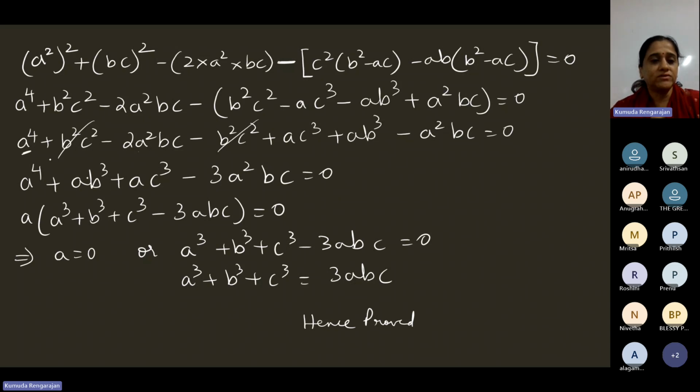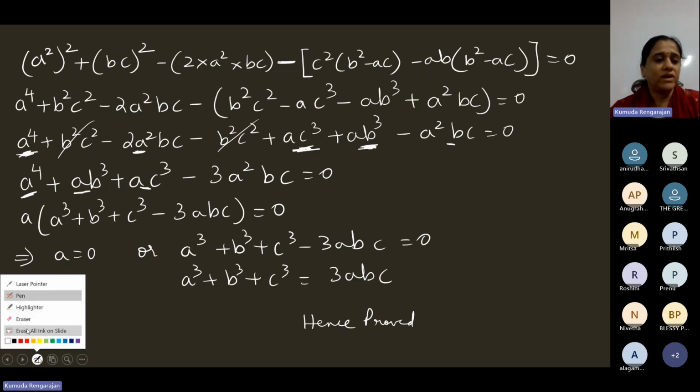I thought this is a into b cubed, this is a into c cubed, and this is a into a cubed. So I wrote it in that order: a into a cubed, a into b cubed, a into c cubed. And when you simplify these two, we have minus 3 a squared bc is equal to 0.